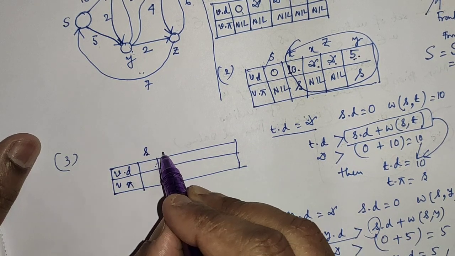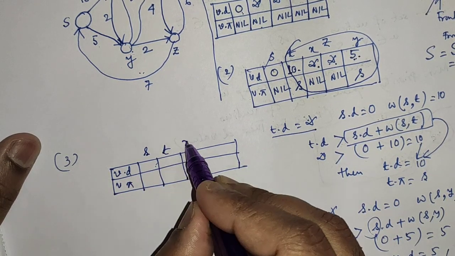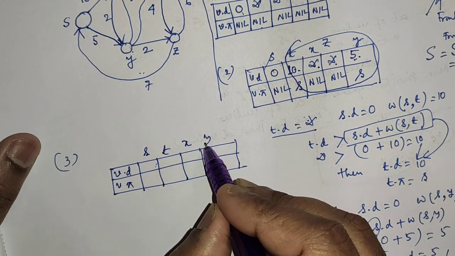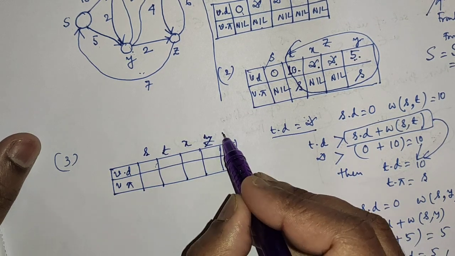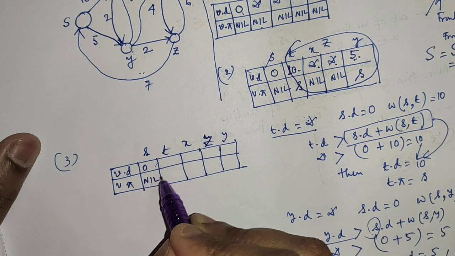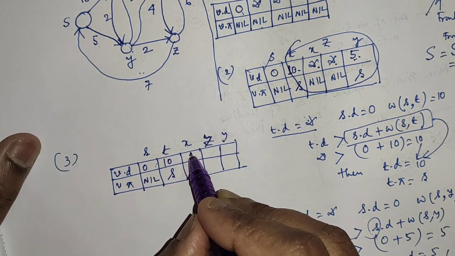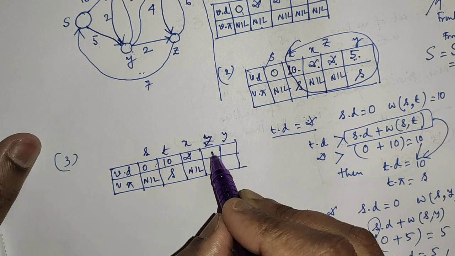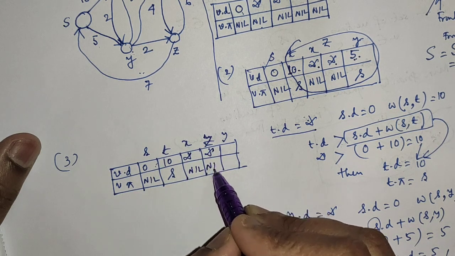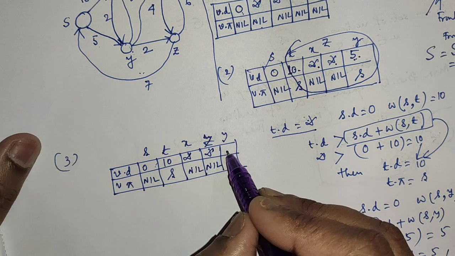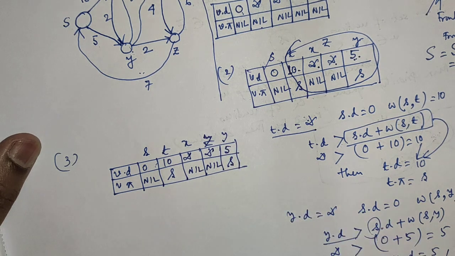S, T, X, Y, Z. It is 0 nil, it is 10 s, it is infinity nil, it is infinity nil, it is 5 and s.